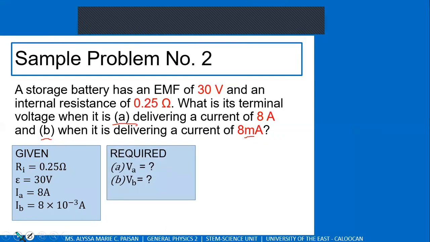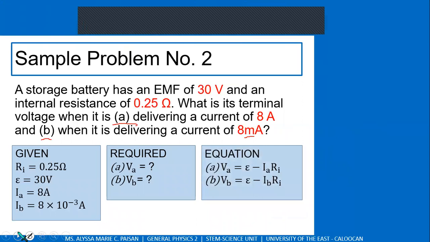For the required, we're looking for the voltage for scenario A and then the voltage for scenario B. Or in short, we're looking for the terminal potential difference when the current is 8 ampere, and then another one, we're looking for the terminal potential difference when the current is 8 times 10 raised to negative 3 ampere.